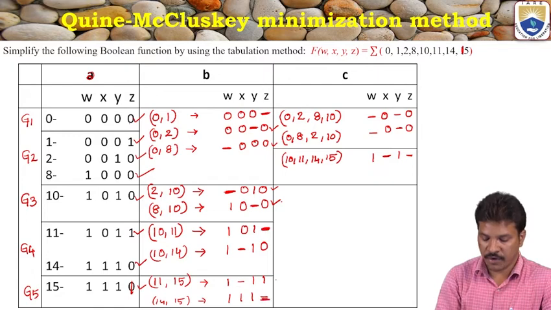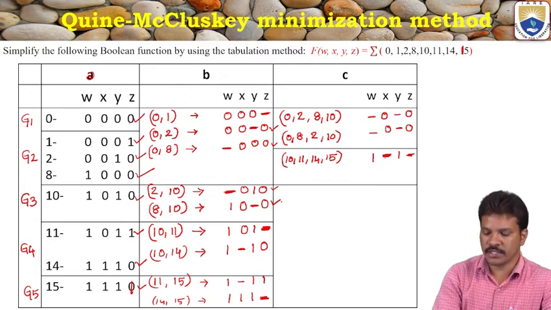The last bit hyphen is there, compare with 14, 15. So 10, 11 has a fourth-bit hyphen, and 14, 15 has a fourth-bit hyphen. Combining together, we get 1 dash 1 0. This dash means one bit change.